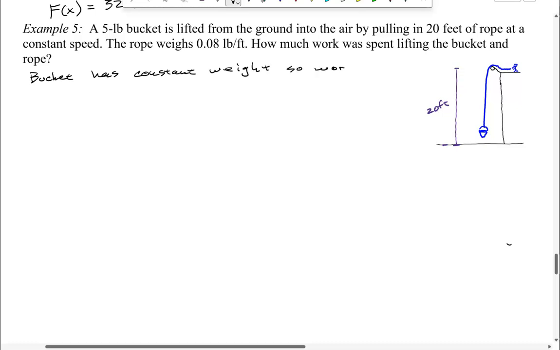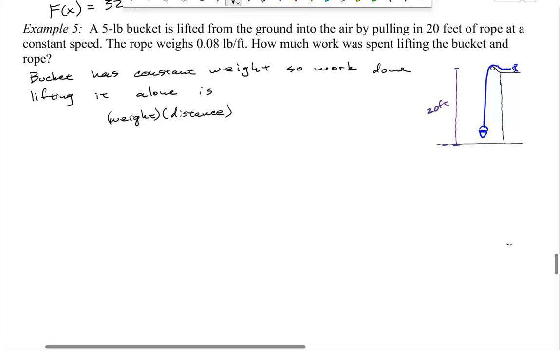So work done lifting it is simply the weight of the bucket times the distance, right? The weight is the force. That's what's pulling down, right?